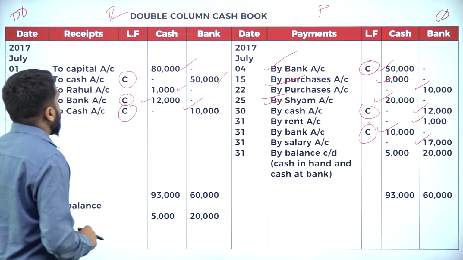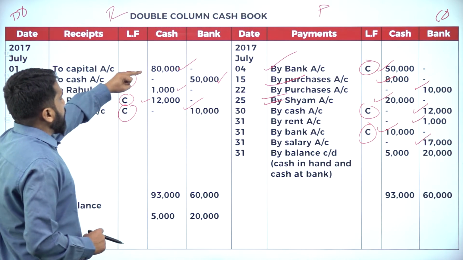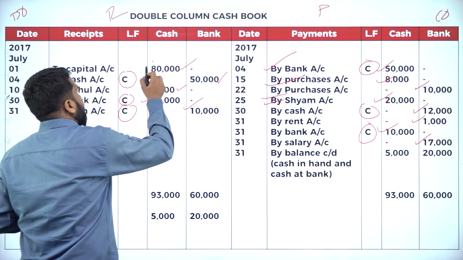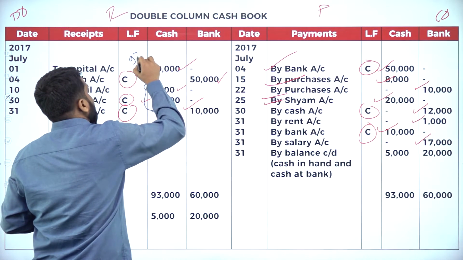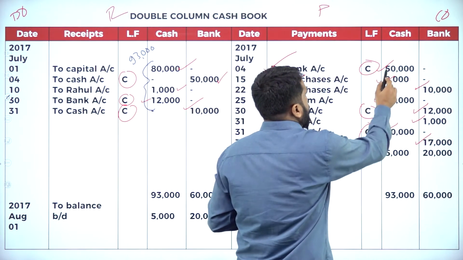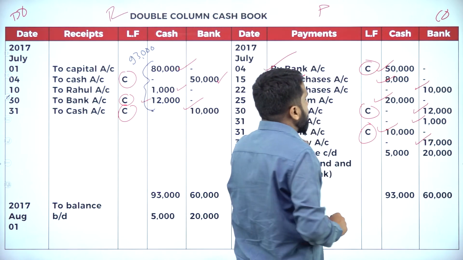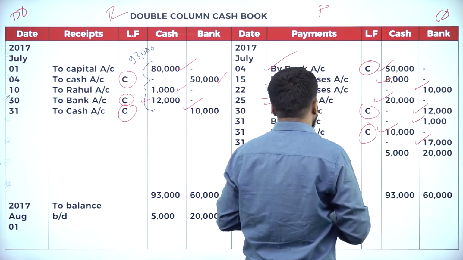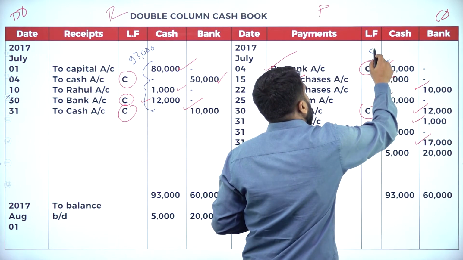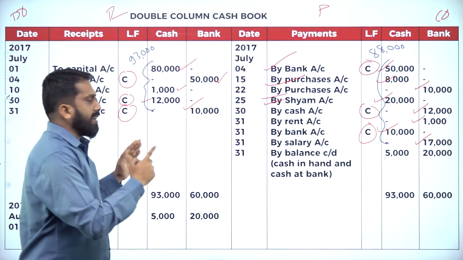Now, first we'll check your cash debit side. 80,000 plus 1, 81 plus 12, it is 93,000. Now, we'll check the credit side. 50 plus 8, 58 plus 20, it is 78 plus 10, it is 88,000. Which side is more, your debit side or credit side?